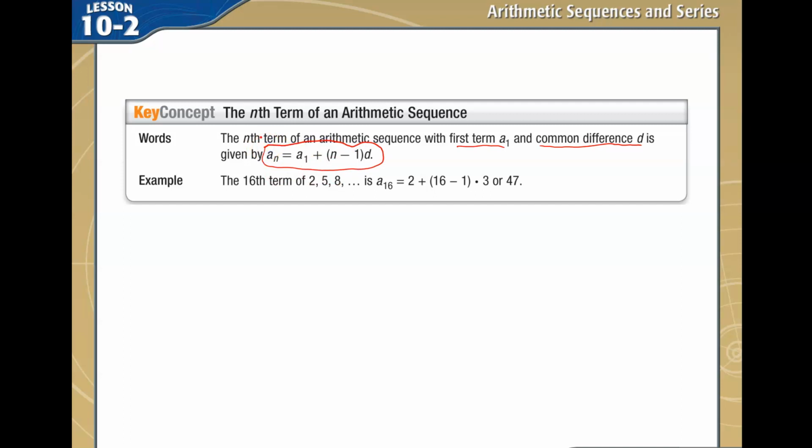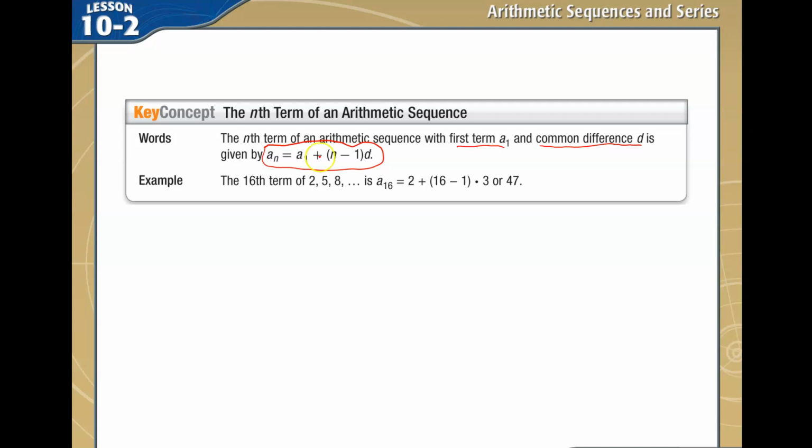What is the benefit of this nth term formula? If you notice in the first lesson, if I say find the 10th term or the 50th term of any sequence, you have to know the 49th term of the sequence to get the 50th term.